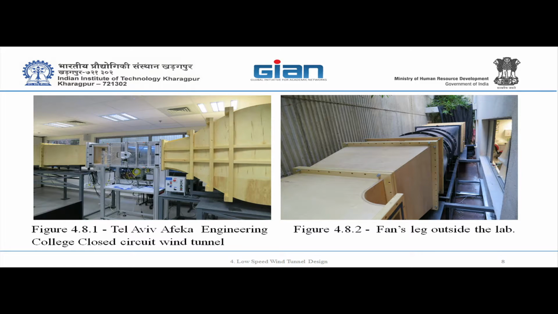Then there was another constructor for the test section, and the third one was the guy with the fan. So fitting the fan to the wood structure was not a big deal. The test section, because there were two different manufacturers, always one was blaming the other. It was not right, he was putting the holes not in place.